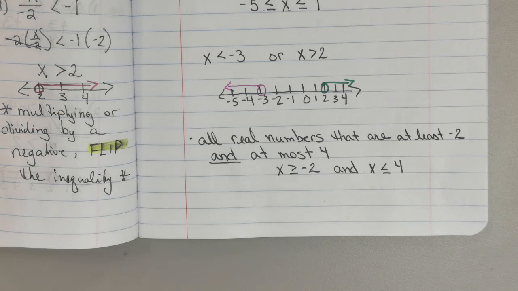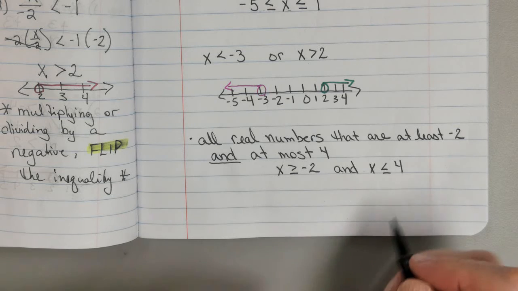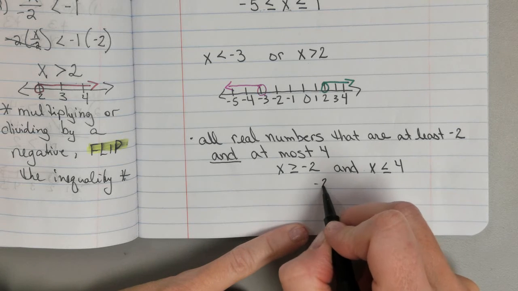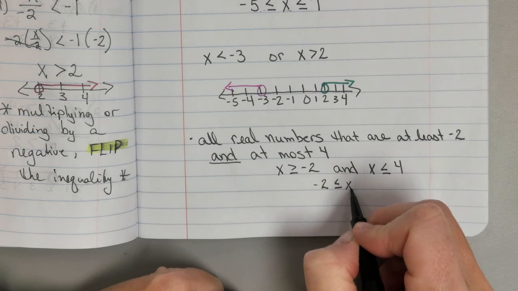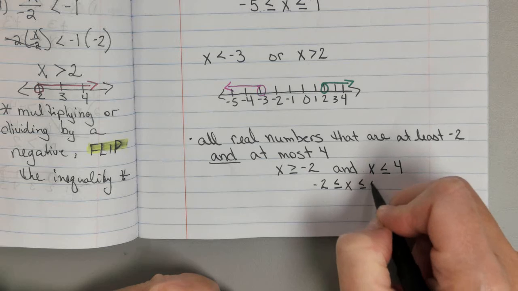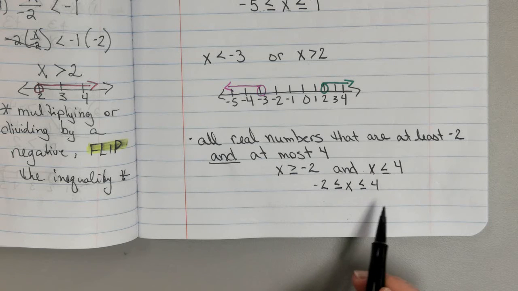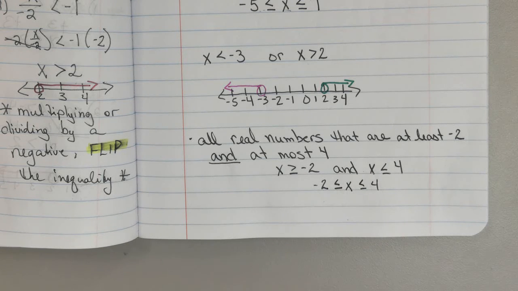What's it going to look like if we put it together? Yeah. So we would have to flip that first sign, but the last part can stay. So that means the same thing. All right, we good so far?